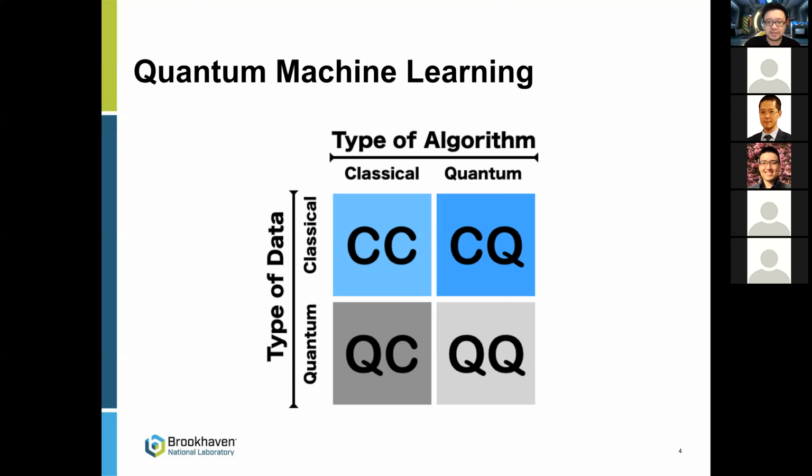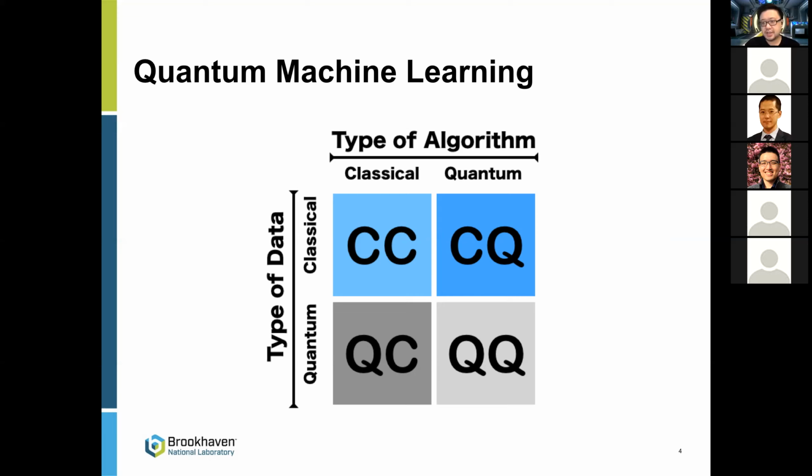And this one is particularly challenging because the quantum data generated from quantum systems are potentially very hard to process using a classical computer. So that's why we need to build a machine learning model based on quantum algorithms and quantum computers.